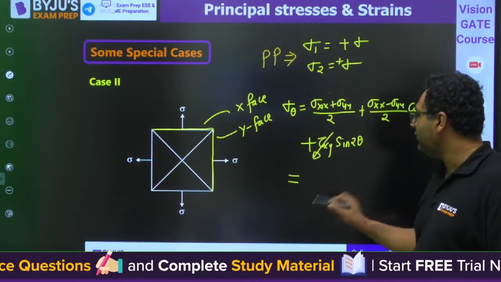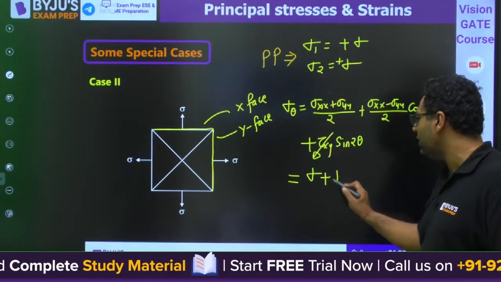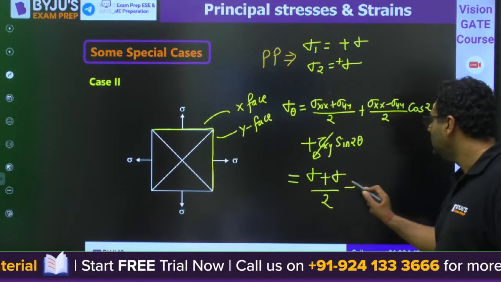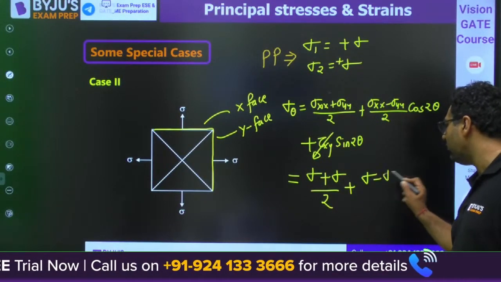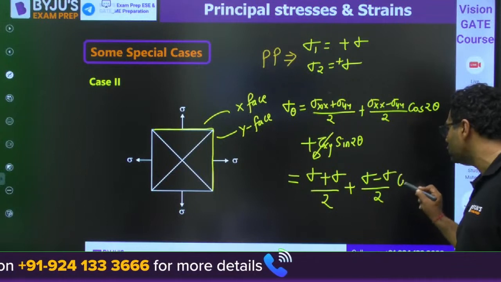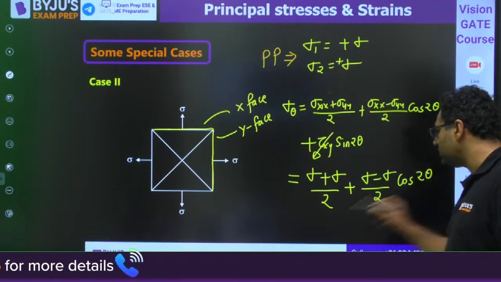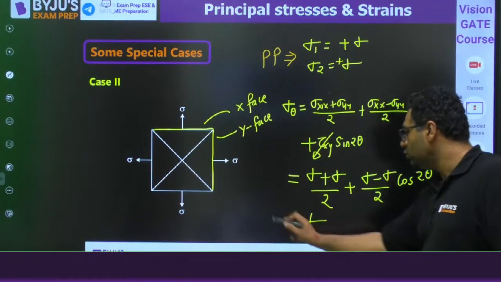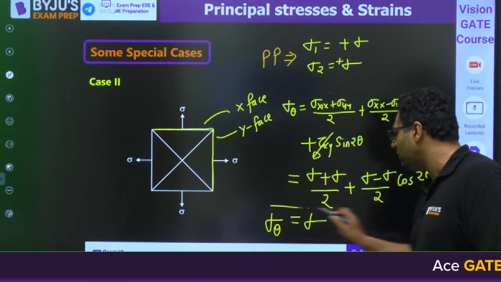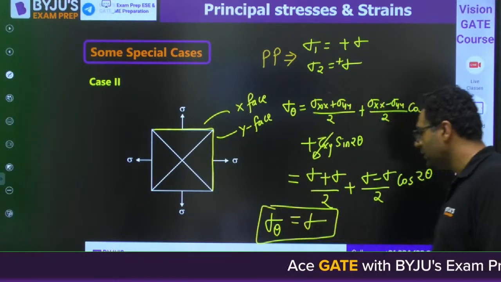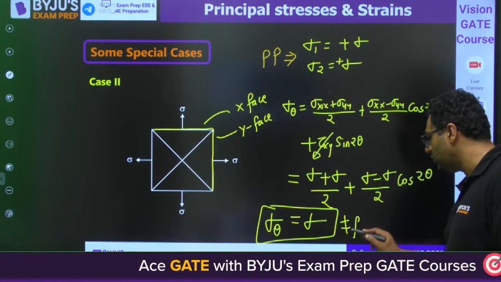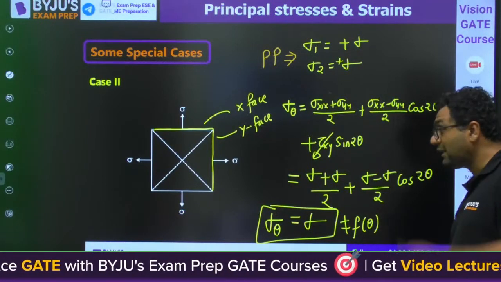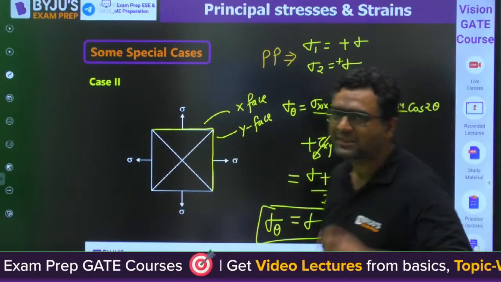If you put the value sigma xx is sigma yy is sigma divided by 2 plus sigma xx is sigma yy is sigma divided by 2 cos 2 theta, you can say the answer will come out to be sigma. So you can see sigma theta is not at all a function of theta. It means at every plane the normal stress will be sigma.